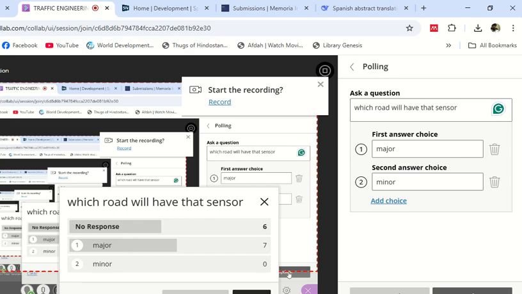Yes, what about these other 5 people? It counts 6 including me. So what about the other 5 people? What do they think? Major road will have the sensor? What about the other 4 people?